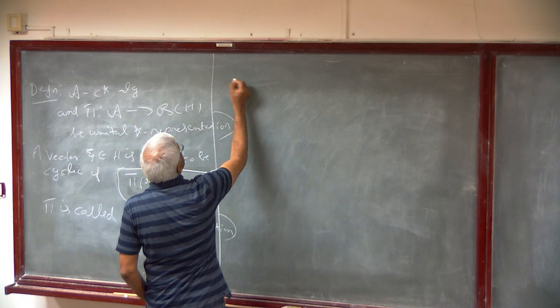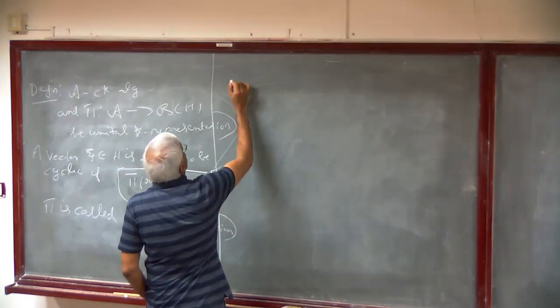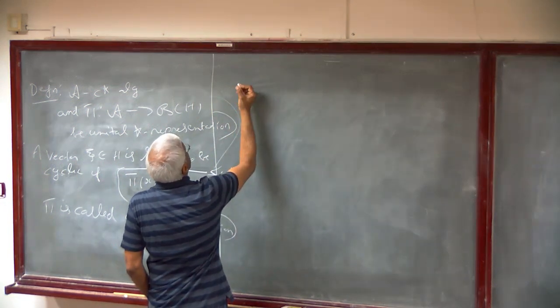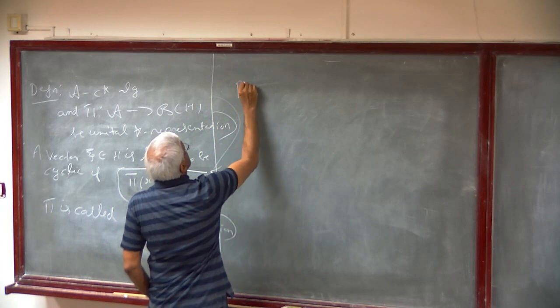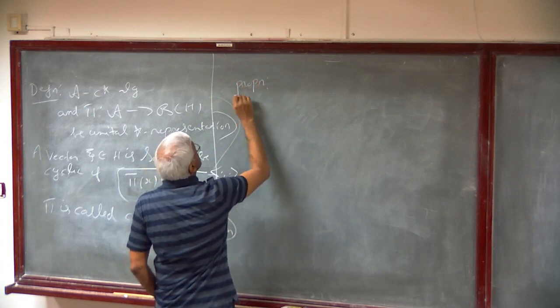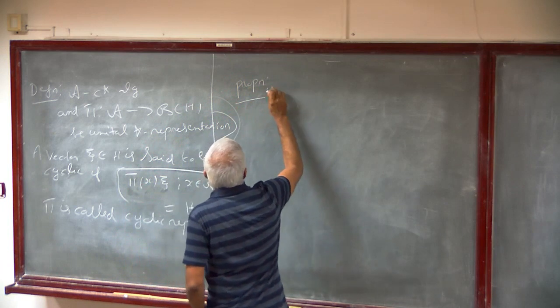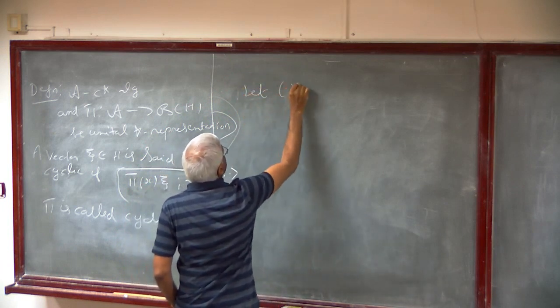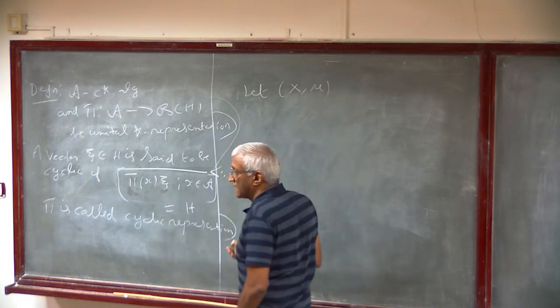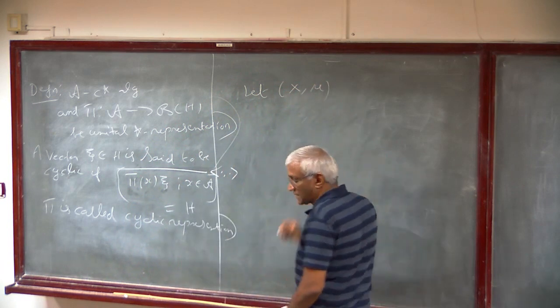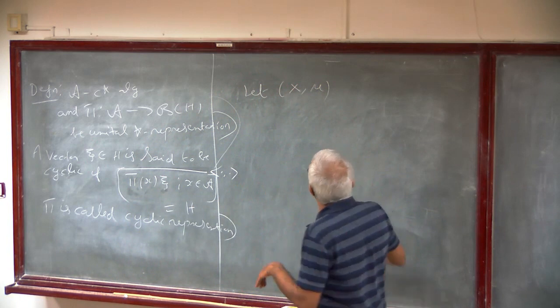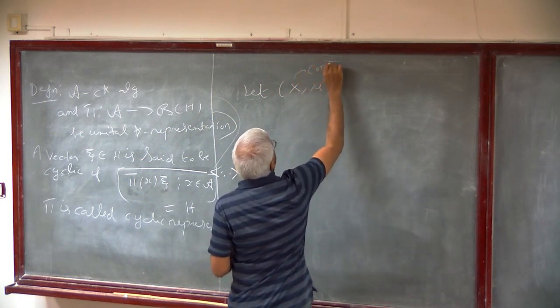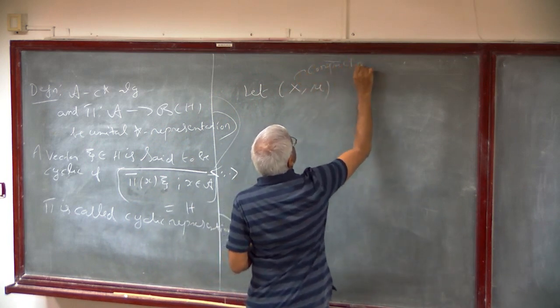So, example. Maybe I define it this way: X is compact. For our purpose, you can assume it's a metric space.